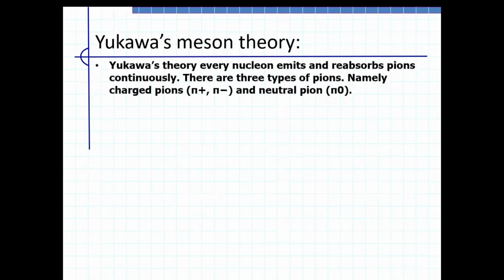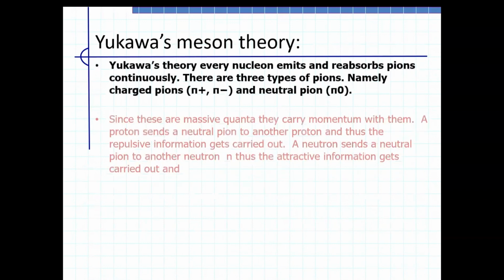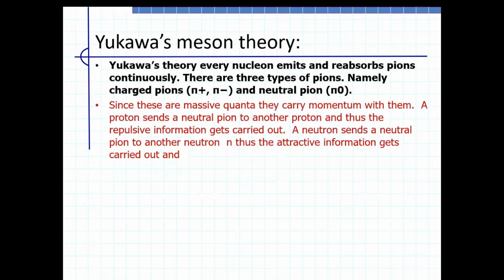Yukawa's theory is that every nucleon emits and reabsorbs these pions continuously. There are 3 types of pions: the charged pions, the pi positive and the pi negative, and the neutral pion, pi 0.